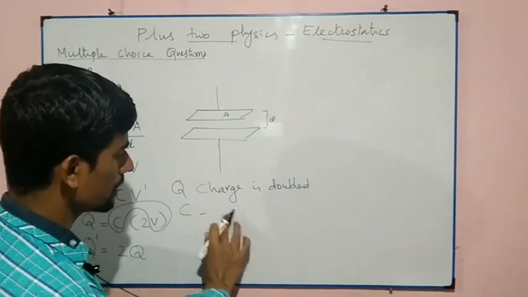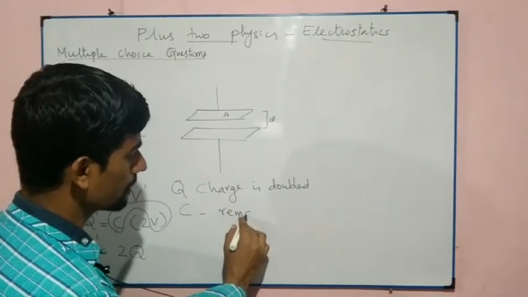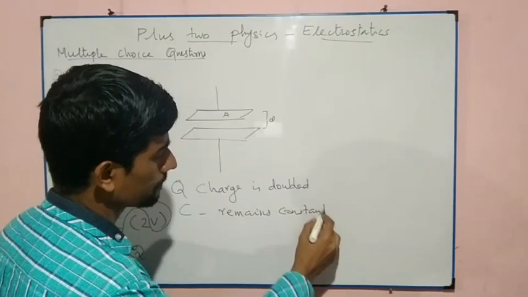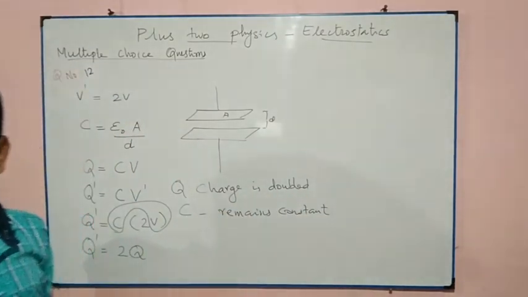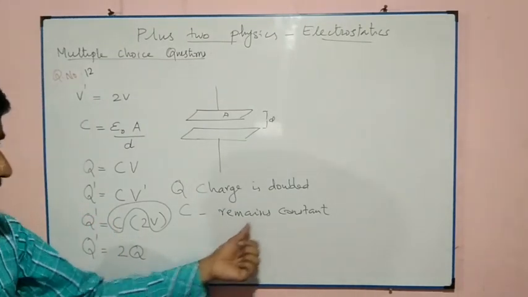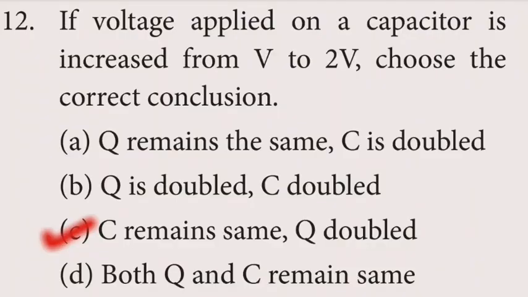C remains constant. That is our conclusion. So the correct option is option C. C remains the same and charge Q is doubled. So that is the correct option for this question.